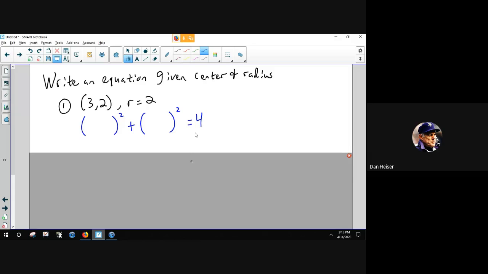Now I have to deal with what goes inside. 3 units to the right: x minus 3. 2 units up: y minus 2. And again, it might seem a little counterintuitive to be going right and writing a minus.